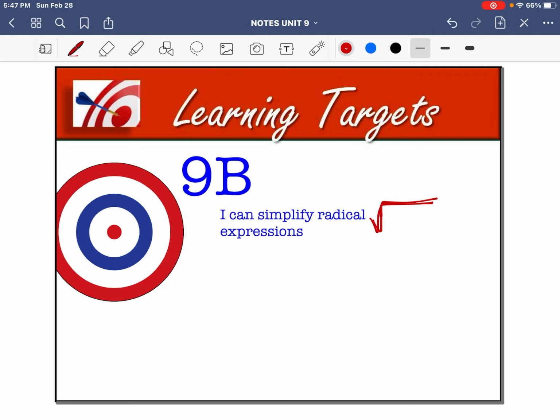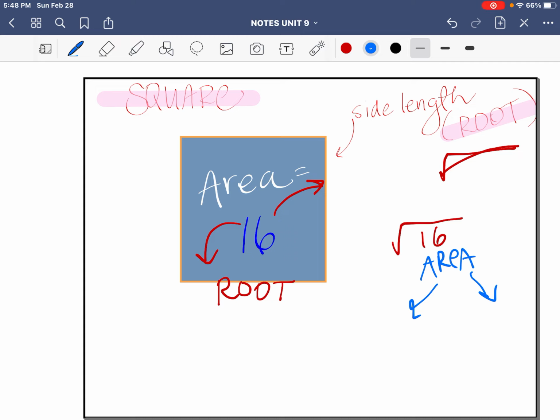If my area, this is where the area is, needs to be equally divided between two sides, that's what this symbol means: we are going to take all the factors of 16 and equally divide them between the two sides.